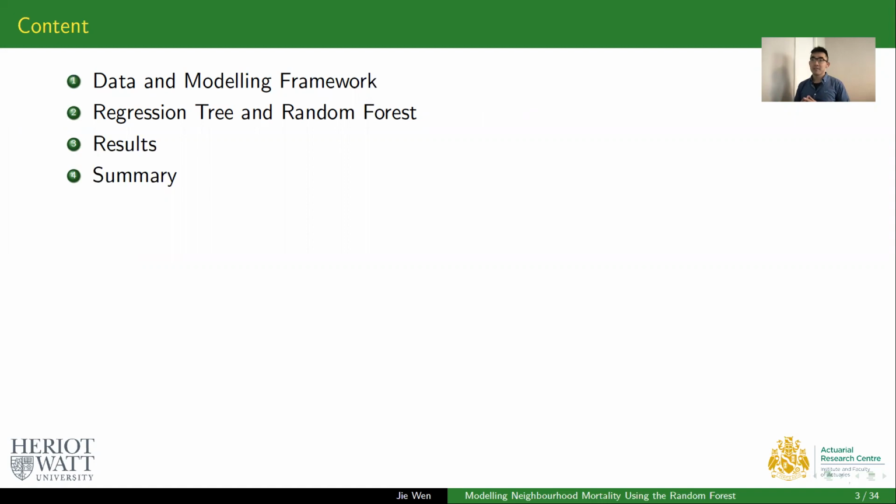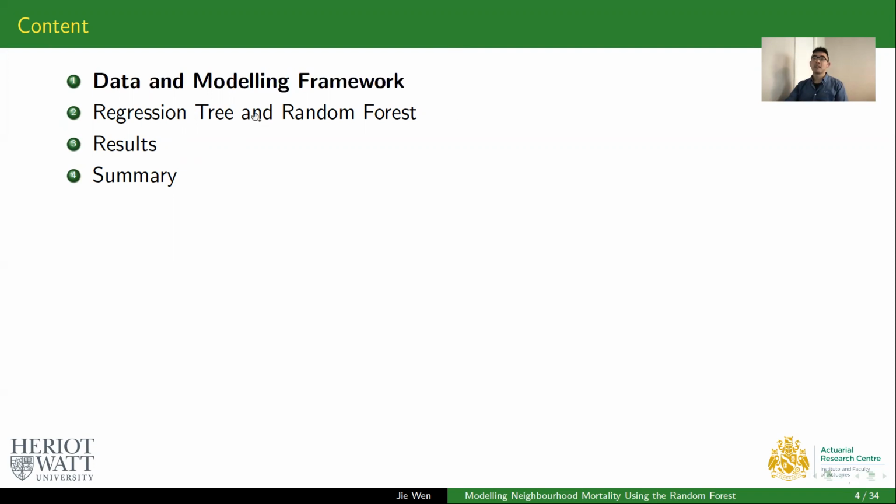And what are the main differences between the random forest model and many other more commonly used models nowadays? The third section is about the results. I will report and discuss some of the results we can obtain from the random forest model. And lastly is the high-level summary of all of the contents I have discussed in today's webinar.